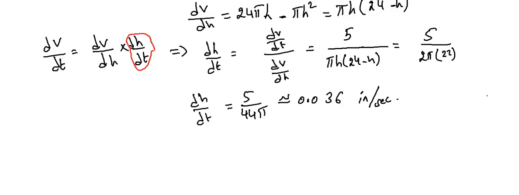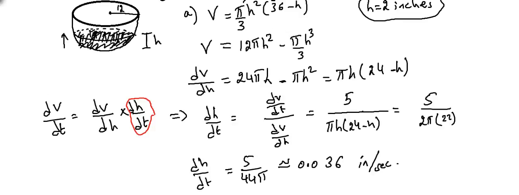In part B, he said express the area of the top surface of water. The top surface of water is what? Circular, right? The top surface of water takes the shape of the container, which is a hemisphere, so it takes the shape of a circle.